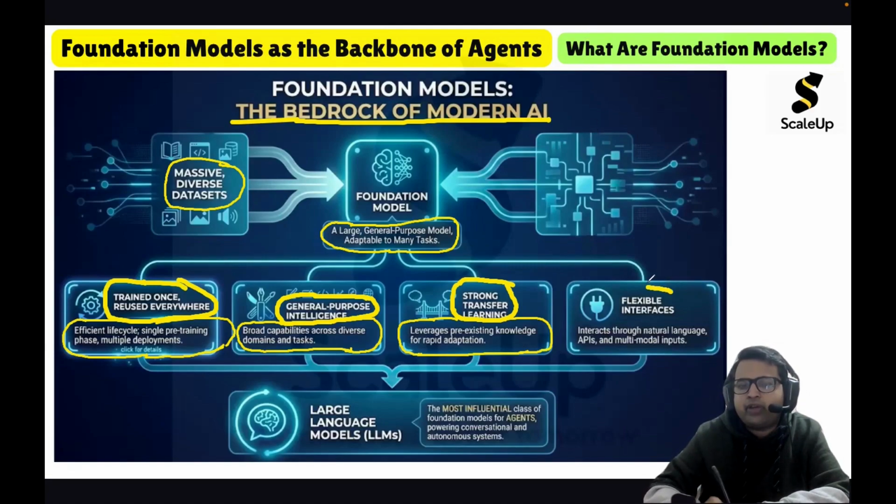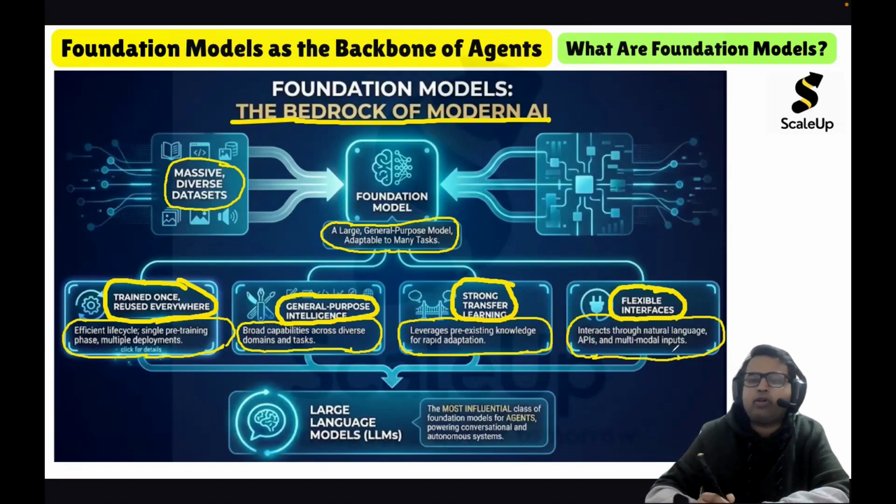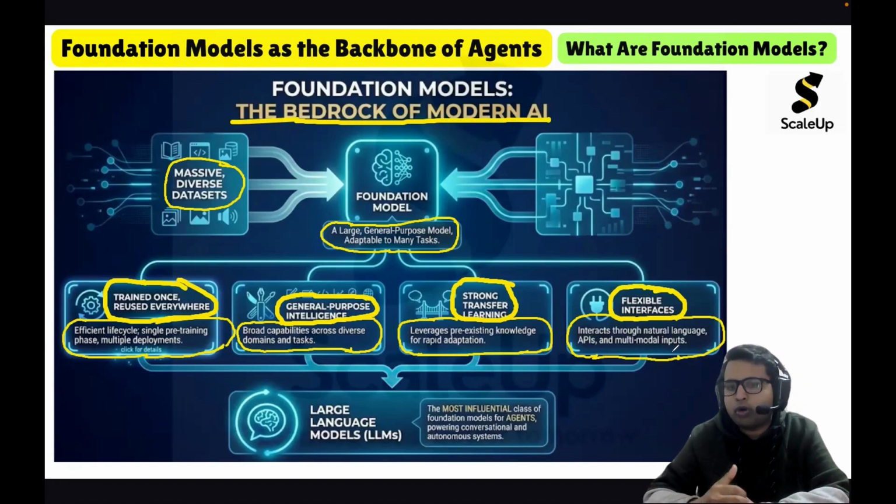And one more very interesting thing about foundation model is the flexible interfaces. We can interact with foundation models through natural language like a chatbot, through APIs, and they can also receive multimodal inputs wherein you can give it a text, you can give it images also, it can interpret it, it can even interpret videos.